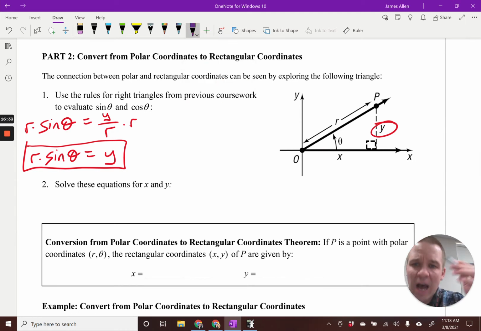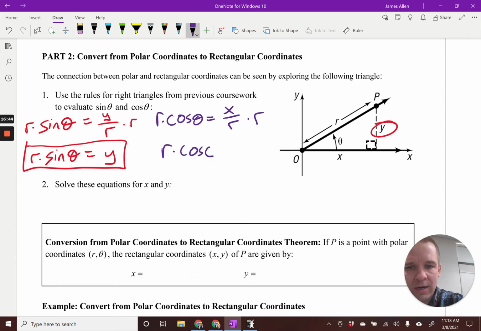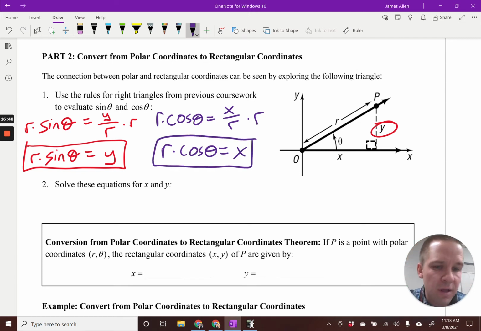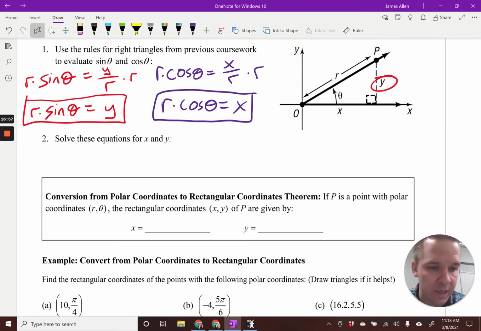That's all good. How about for cosine? Cosine of theta is equal to the adjacent over the hypotenuse. And by the same algebra, I would have r cosine of theta equals x. Again, I have my polar stuff on the left and my rectangular stuff on the right. These are two fantastic formulas, and we can jot them down formally here in this wonderful rectangular box.